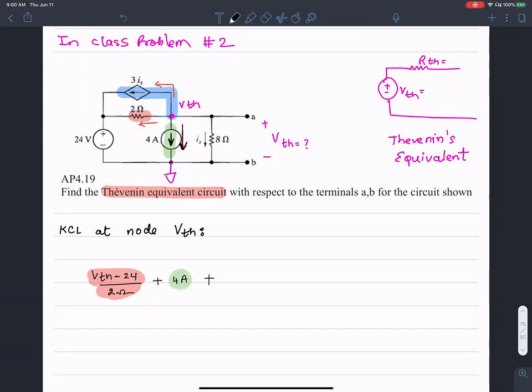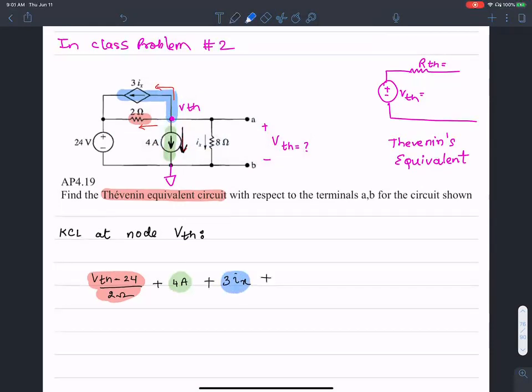Now there's a current shown in the blue branch. That's going to be 3 times Ix, the blue current over here. Plus there's a current flowing in this branch over here, which is going to be VTH minus 0 by 8 ohms.